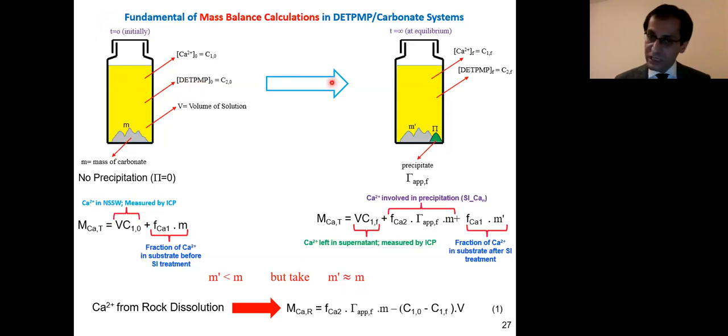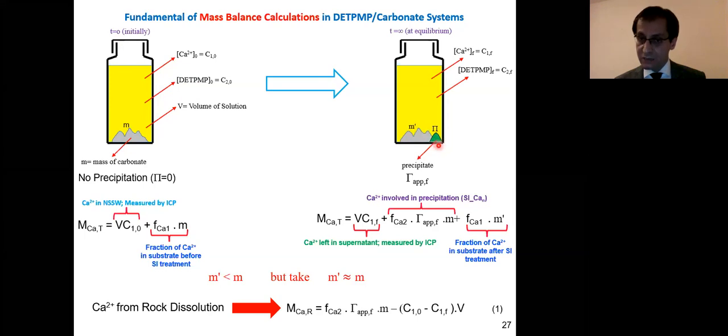So after putting it in the oven for 24 hours, we take the samples out of the oven. In this system, some scale inhibitor has been adsorbed on the substrate and some scale inhibitor has been precipitated out. So we have precipitation and some scale inhibitor adsorbed on the surface.